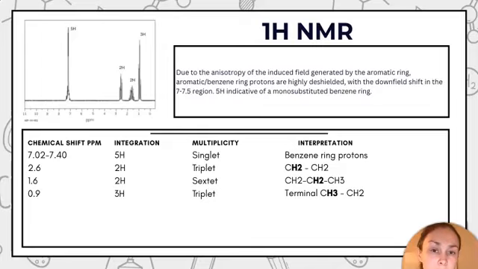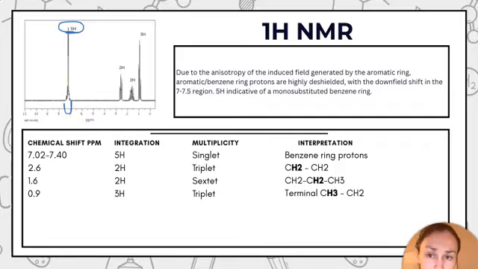Now, 1H NMR can show us environments for hydrogens or protons in the compound. We can right away see the largest peak with 5 hydrogens. Now, at 7.02 to 7.4, that is indicative of a benzene ring, and because it's mono-substituted, it makes sense that there are 5 hydrogens.